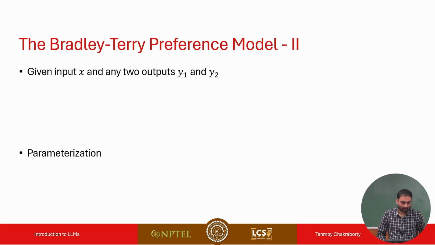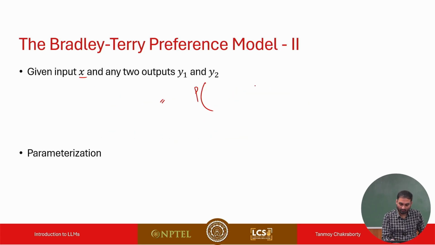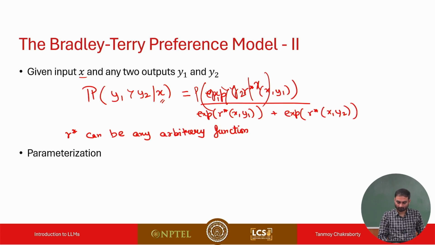Now, given an input x, remember in our case we have the prompt as an input and outputs are y1 and y2. So given x, what is the probability that y1 is preferred over y2?